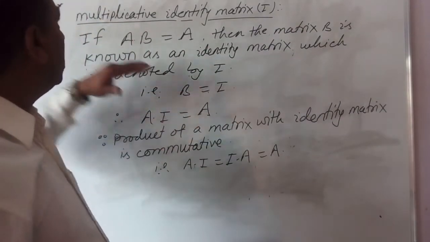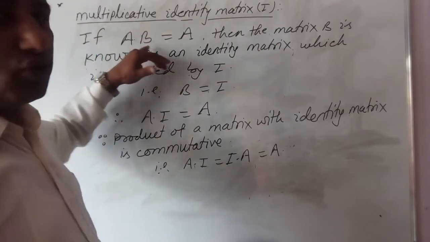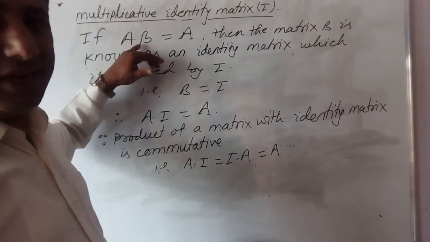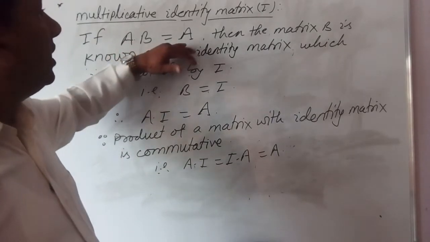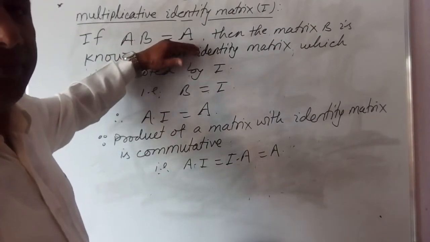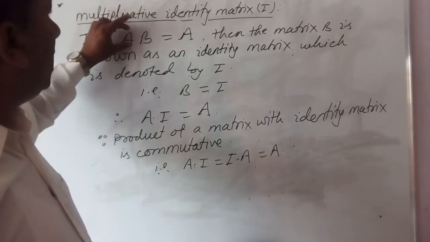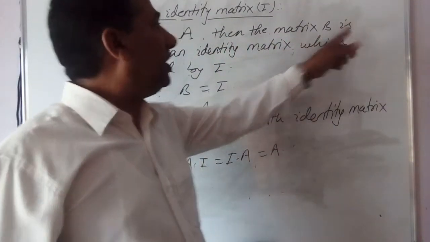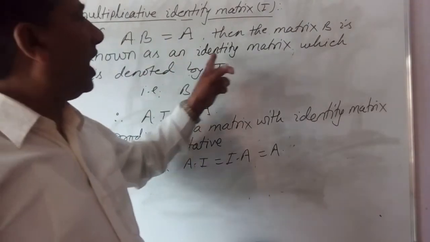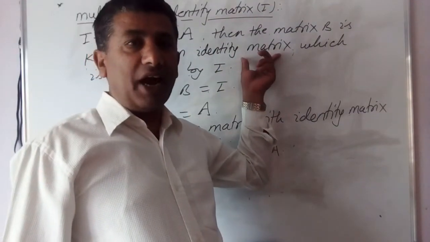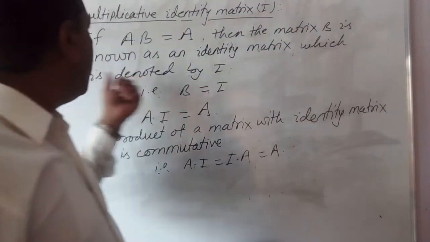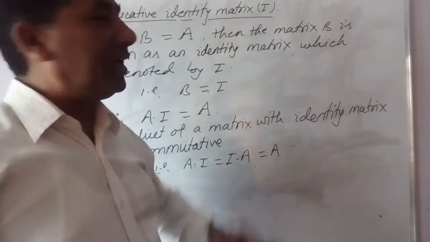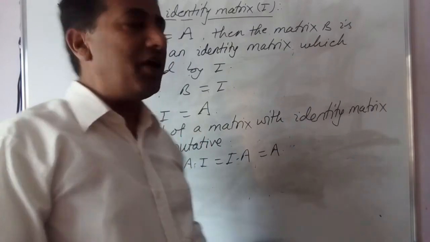Now, if the product of these two matrices A and B is A, that is, A times B equals A, then the matrix B is known as the multiplicative identity matrix, which is denoted by the symbol capital I.